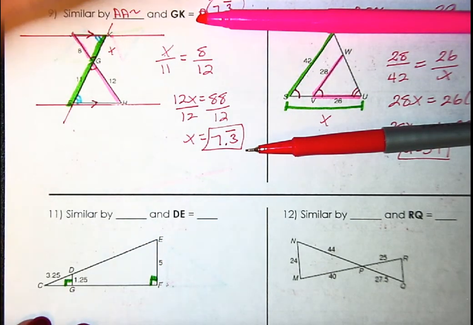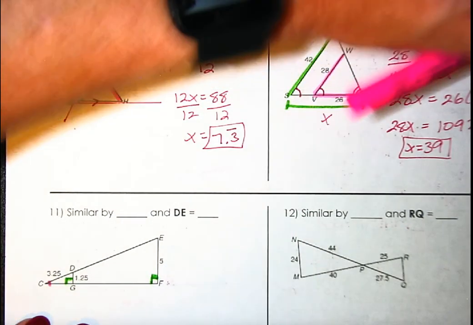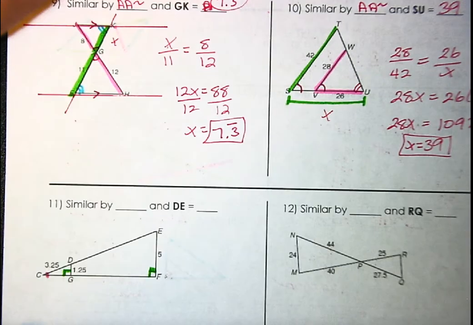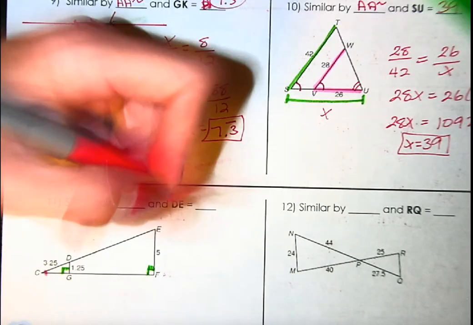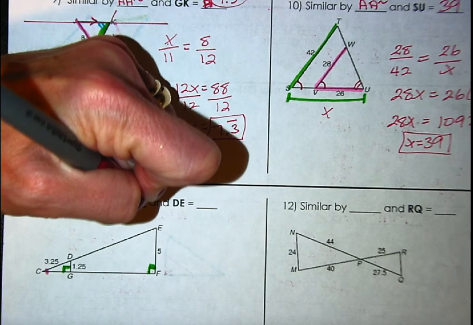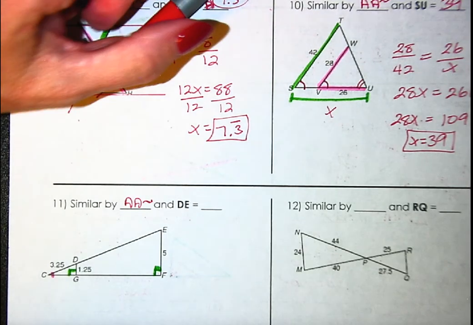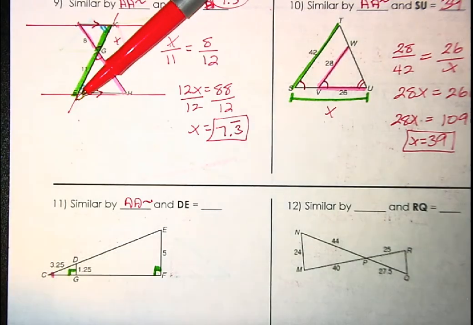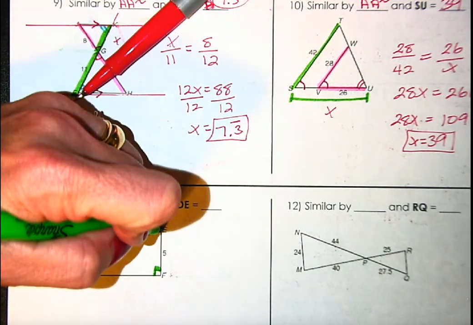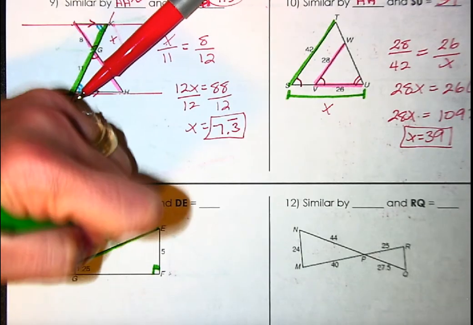And I also noticed that they both share C. So they're definitely similar by AA. And now we have to find DE. So DE is this part right here. So that's going to be our X.